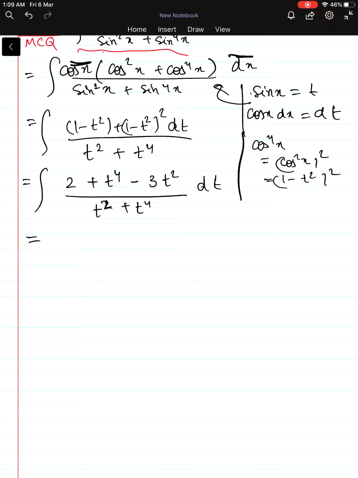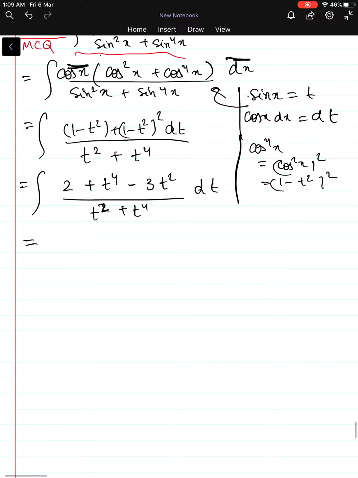So we will make it a partial fraction. We try to split the numerator as a fraction of the denominator plus something.